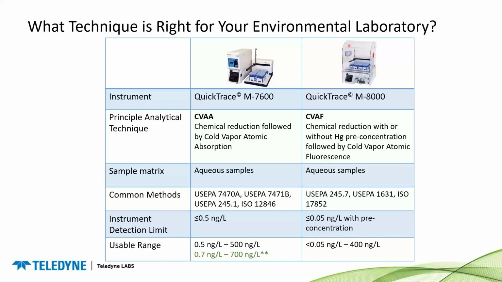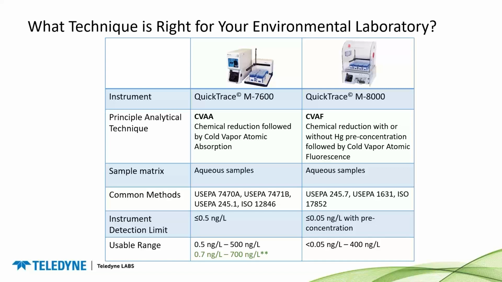And for the QuickTrace M8000, this is our atomic fluorescence instrument. It also measures total mercury concentrations in aqueous samples, followed by chemical reduction. But it has different modes of operation depending on what calibration range or detection limit you need to achieve. So it has a standard flow-through mode, but it also has single or double gold trap amalgamation mode.